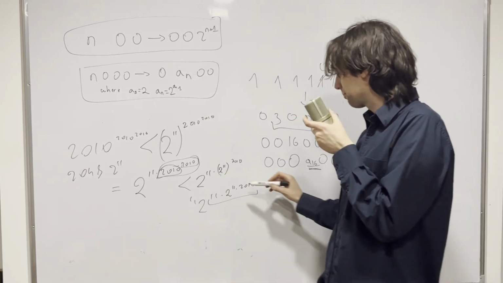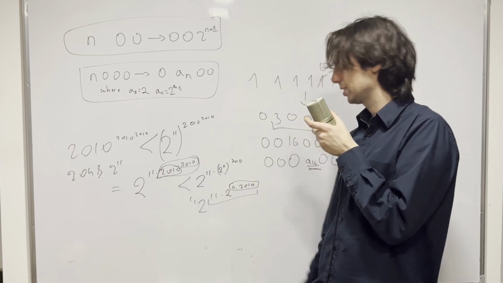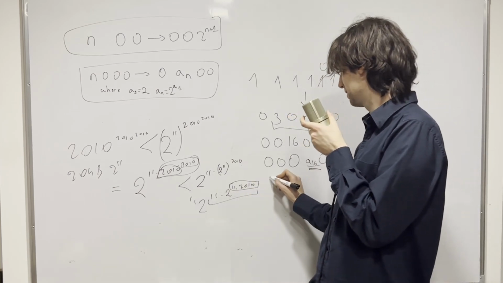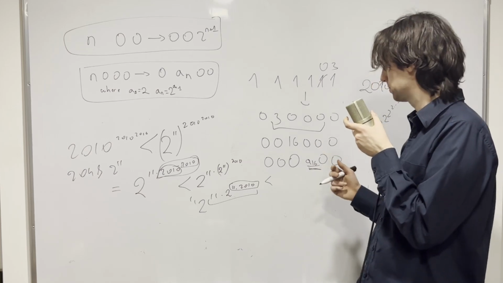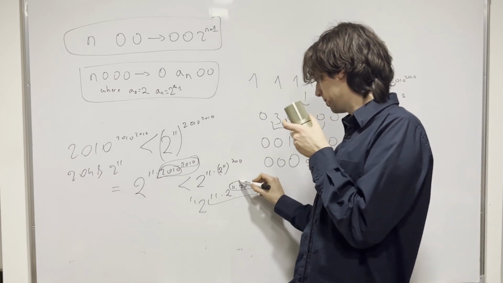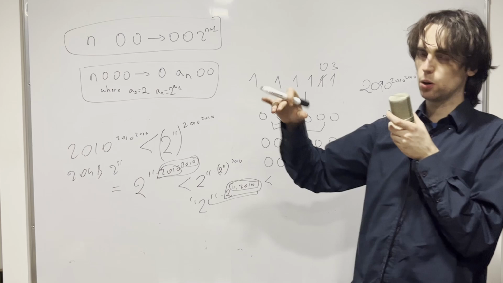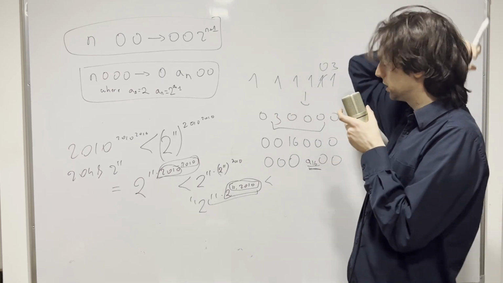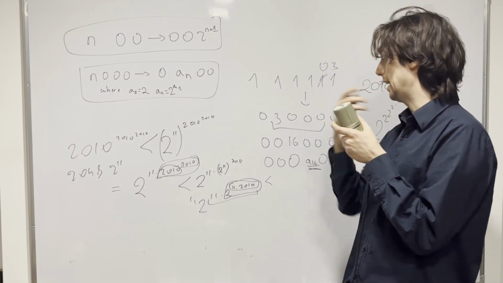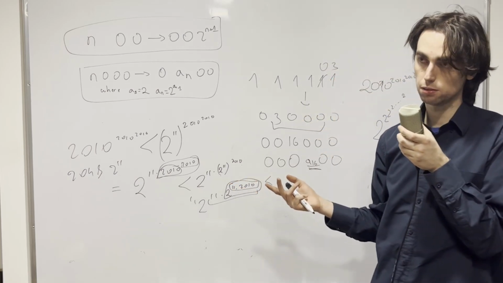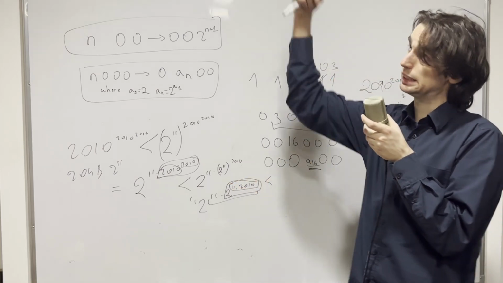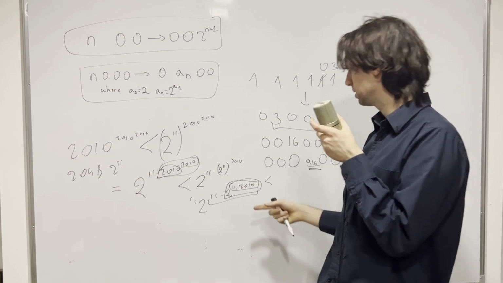This number right here is going to be less than, I have names for these numbers, I totally forgot about this. This number over here is 2 to the power of something. Now this something is less than A4, right?